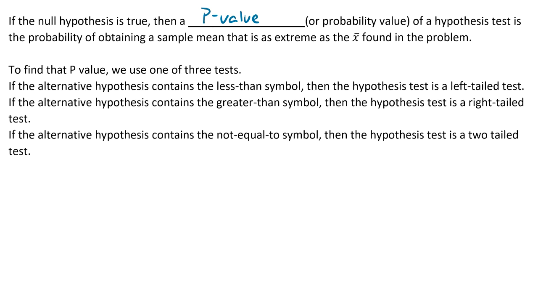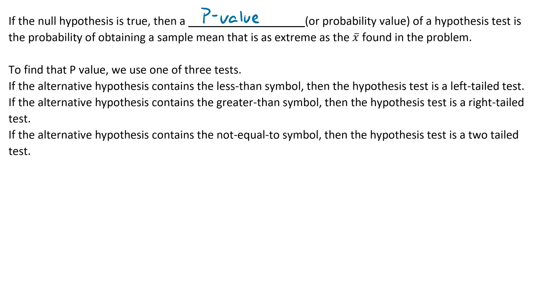That really small probability of getting that value, that's what we're calling the p-value. So it's just something that we're going to use in order to test how likely it is that our sample mean was close enough. All right, so to find that p-value, we're going to be using one of three tests.